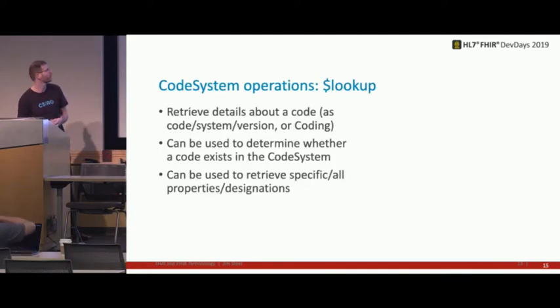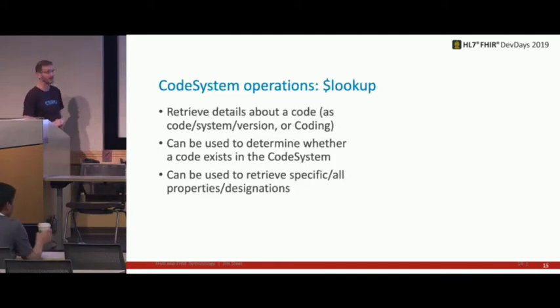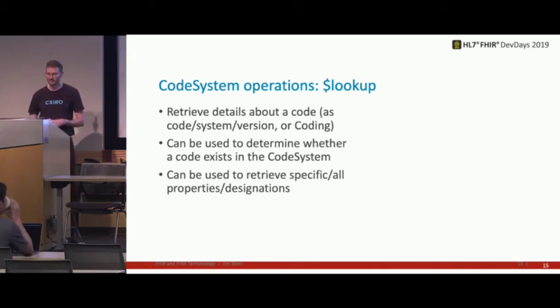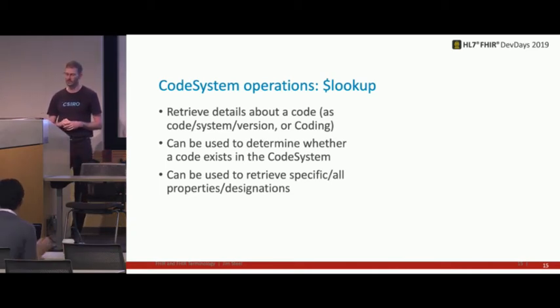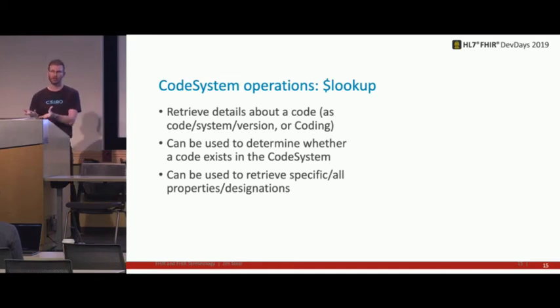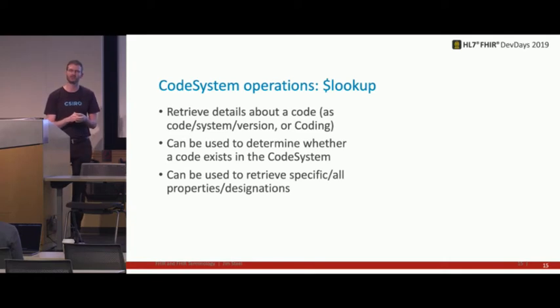So the lookup operation allows us to retrieve details about a code. We can submit the code either as that code system pair, and if we really care about which version of the code system, we can also pass in a version, or we can pass in a coding object. A coding object is another way that coded data is represented in FHIR, which is basically just a single object that groups those three things together.